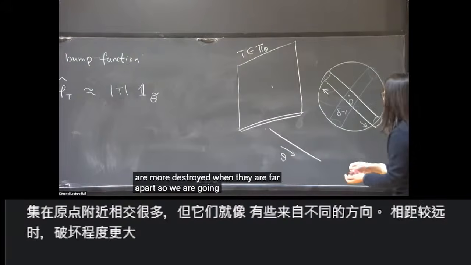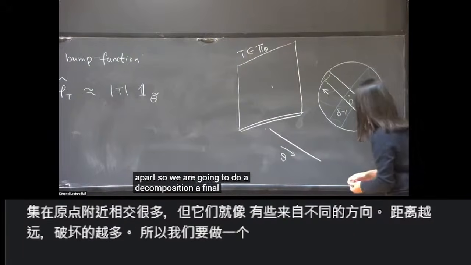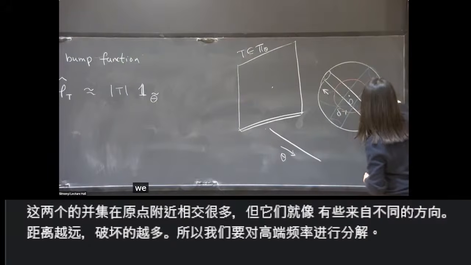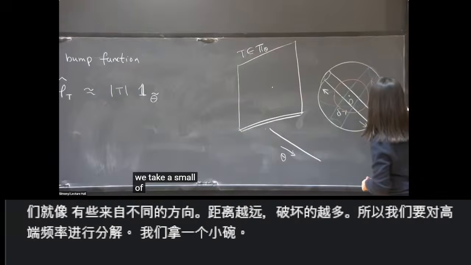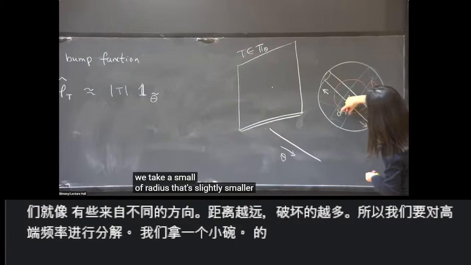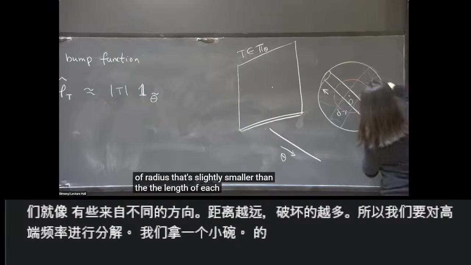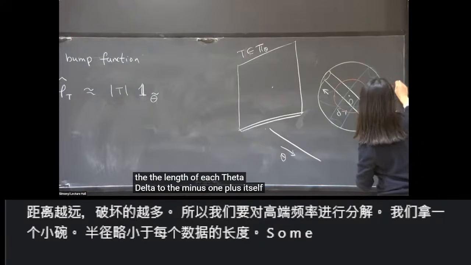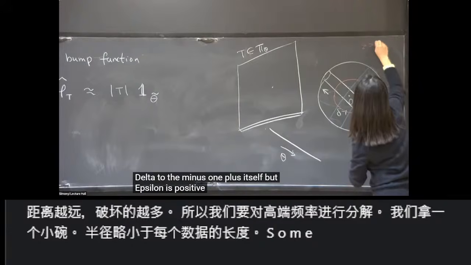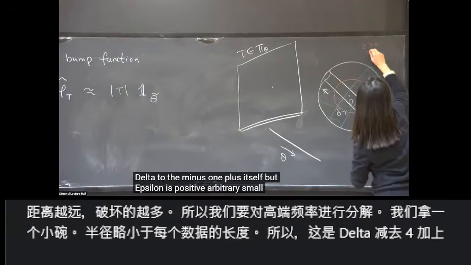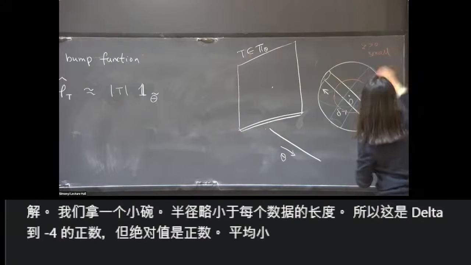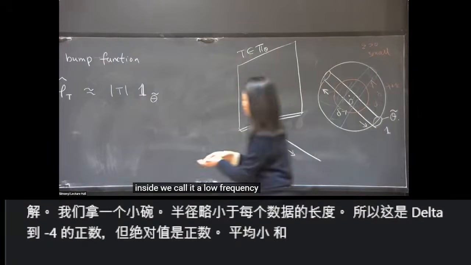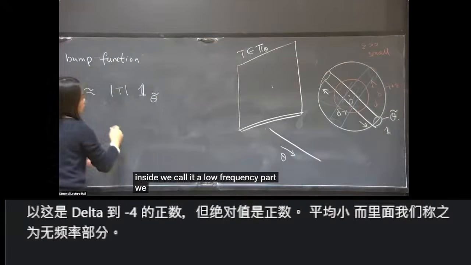So we're going to do a decomposition into high and low frequency. We take a small ball of radius slightly smaller than the length of each theta delta, so that's delta to the -1 plus epsilon, where epsilon is positive and arbitrarily small. The inside we call the low frequency part.